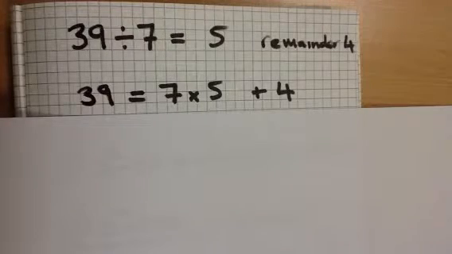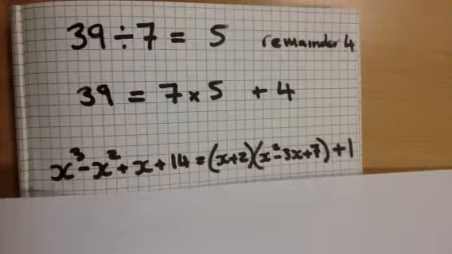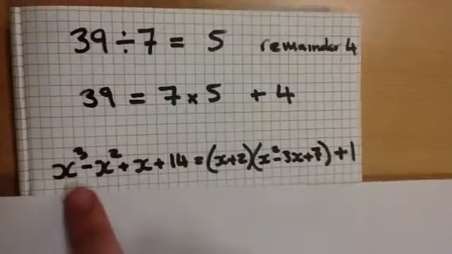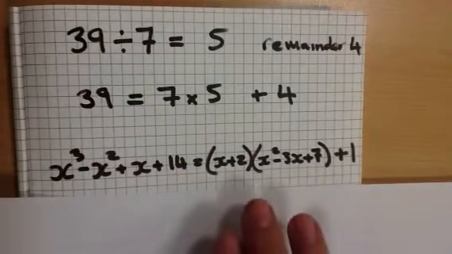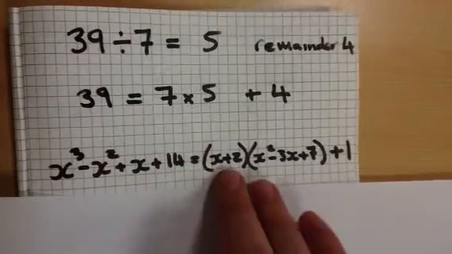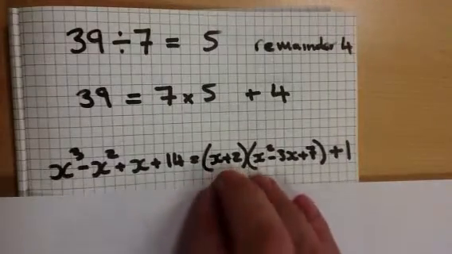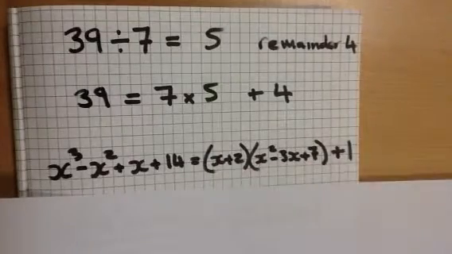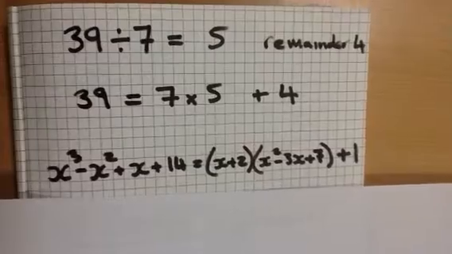Now we've been doing an equivalent of this, so if I take an example from before, if I start with this cubic expression here, I can take x plus 2 out of it, end up with a quadratic expression, and have this remainder of 1 left over.